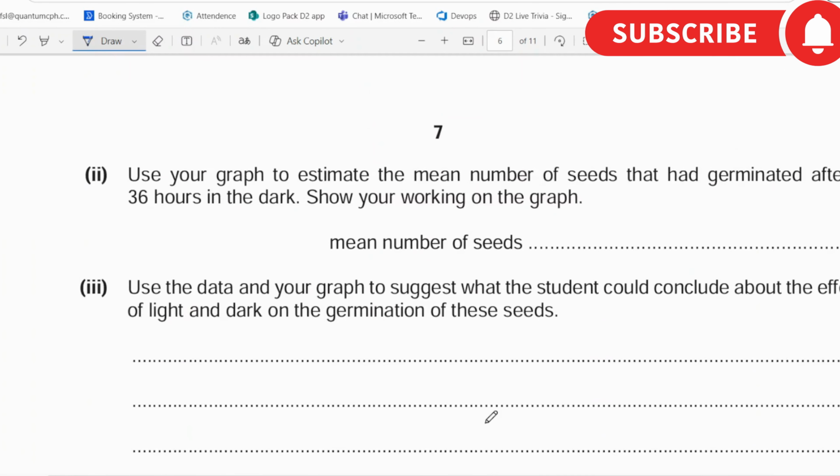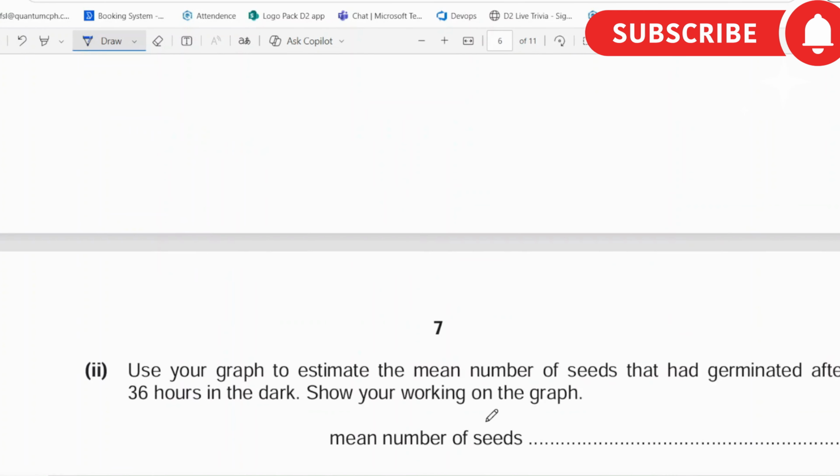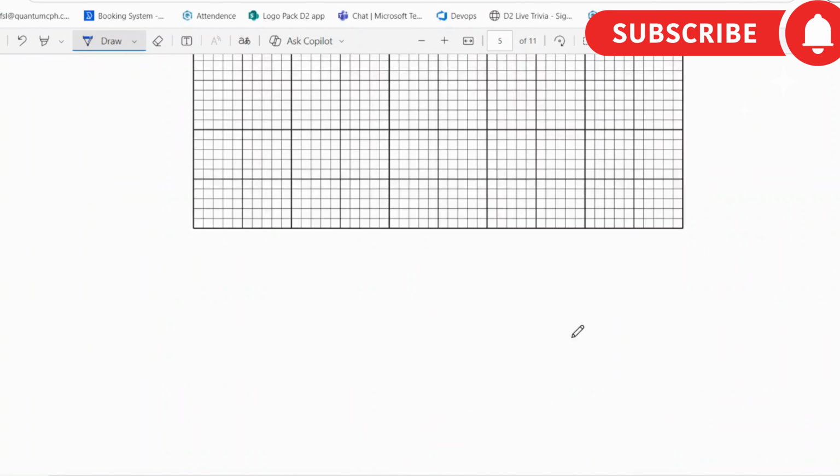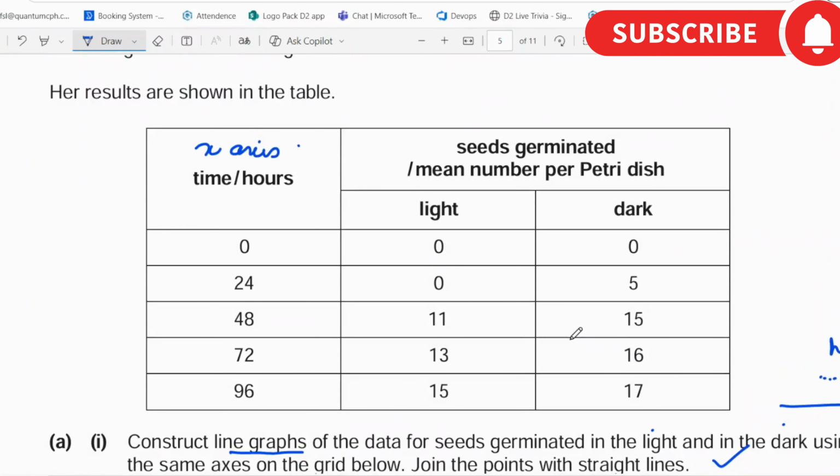Use the data to suggest what the student could conclude about the effect of light and dark on the germination of seeds. Use this data to explain the effect on germination in light and dark.